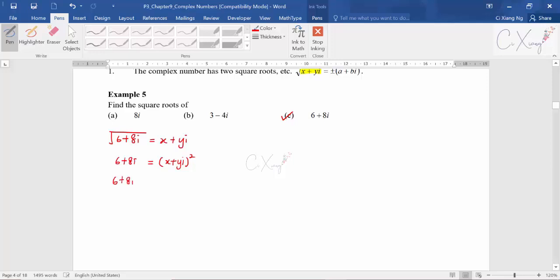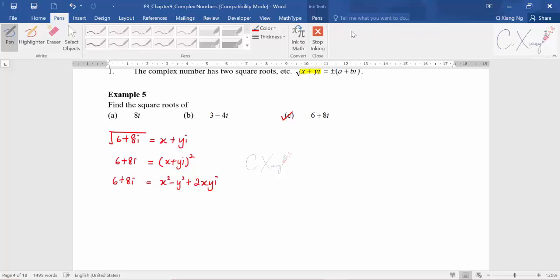When you expand this, you should have x squared minus y squared plus 2xyi. So you expand the bracket and simplify.